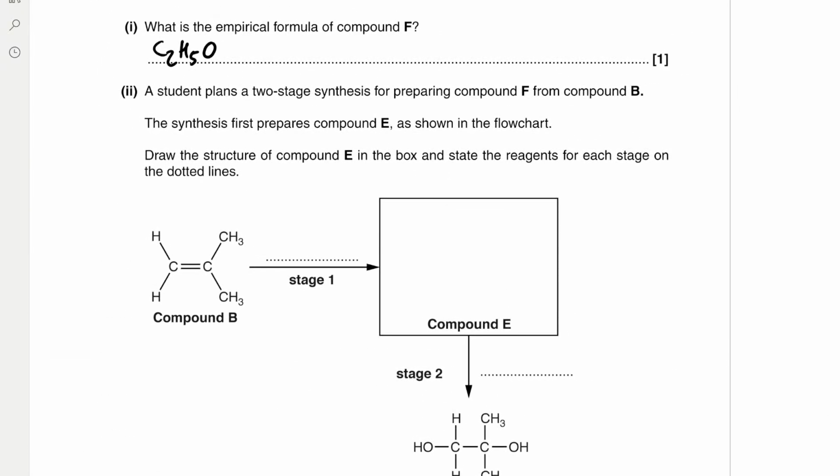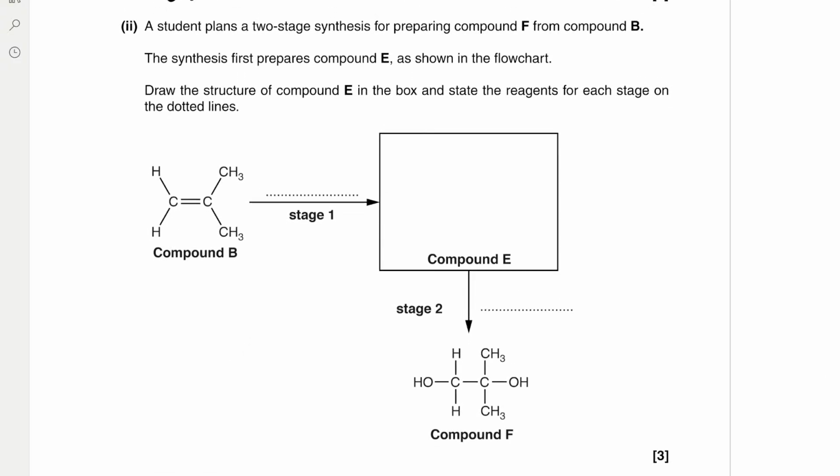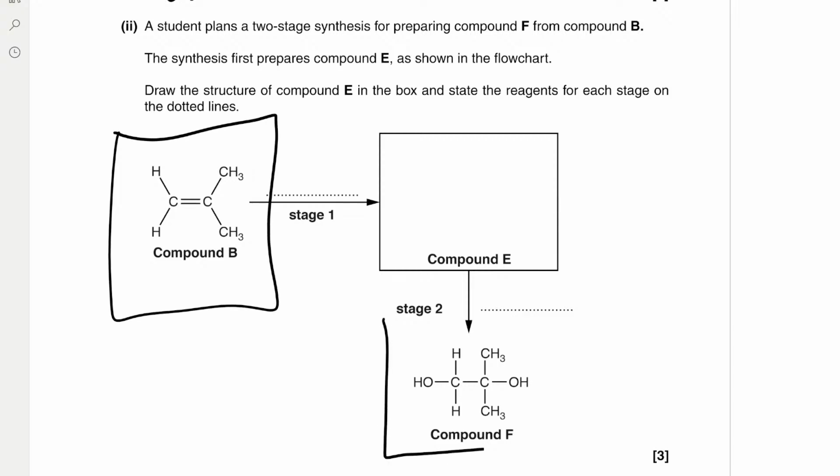A student plans a two-stage synthesis for preparing compound F from compound B. The synthesis first prepares compound E as shown in the flowchart. Draw the structure of compound E in the box and state the reagents for each stage on the dotted lines. So we've got another synthesis route, a two-stage synthesis, which is the most they ask you at AS. So we need to consider what we're starting with, which is compound B, and what we're finishing with.